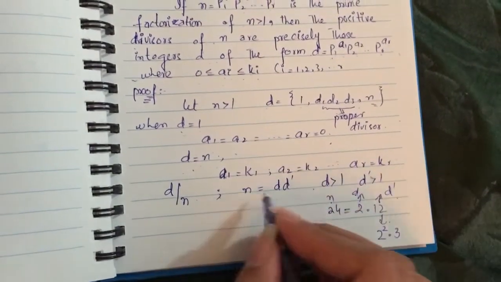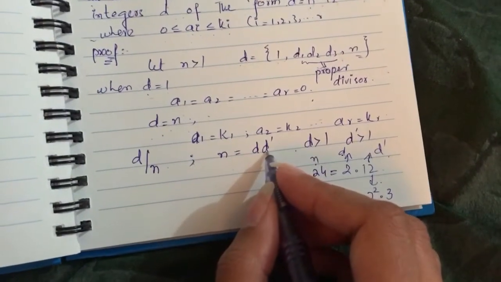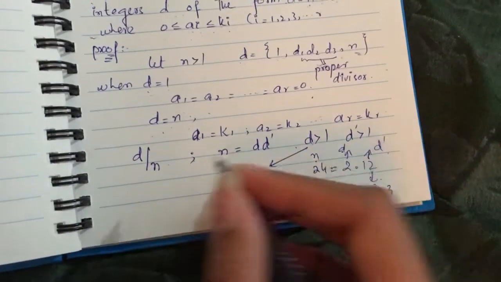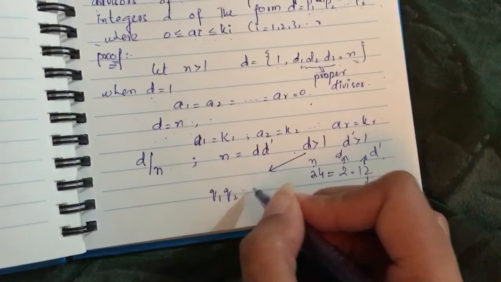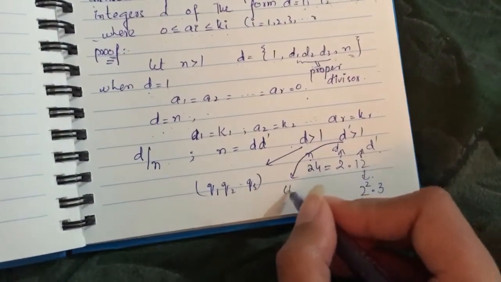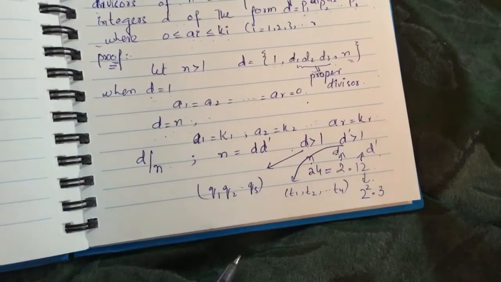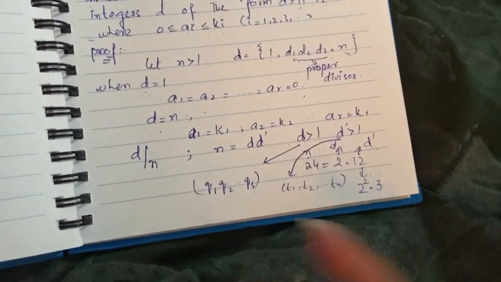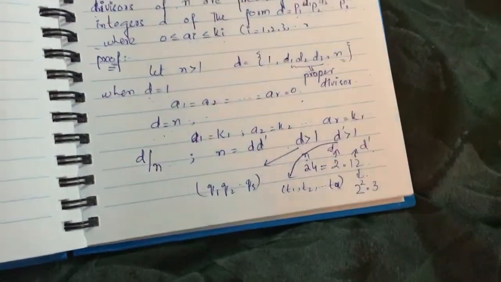So n equals d d dash, and d is the product of primes q1 q2 up to qs, and d dash is in the form t1 t2 up to tu. I'm generally taking these values.